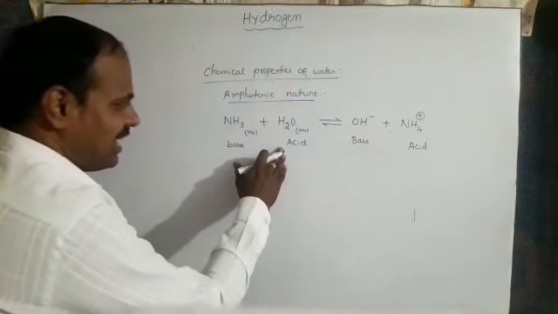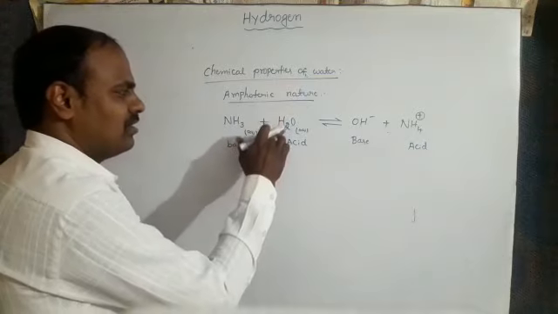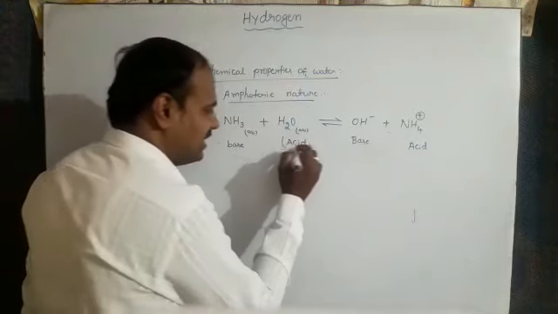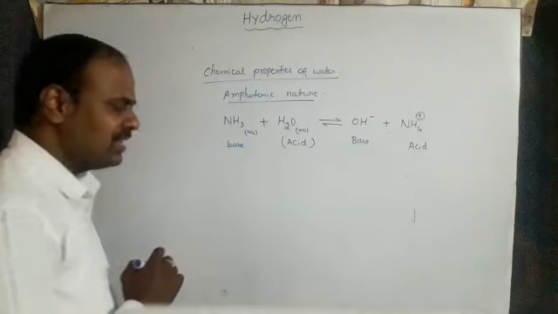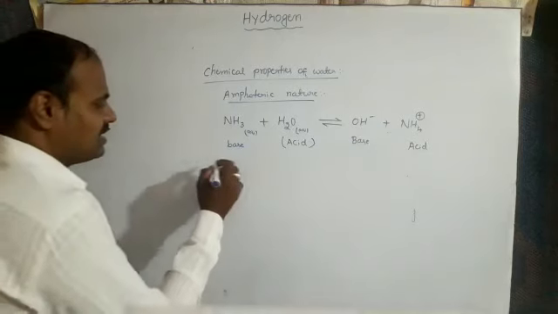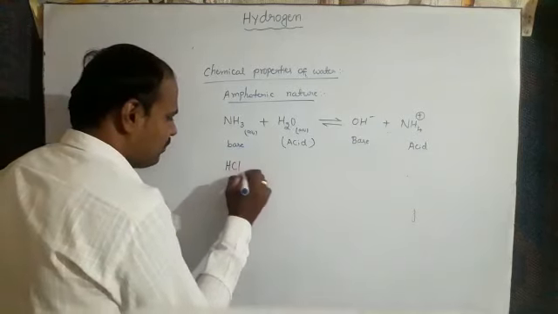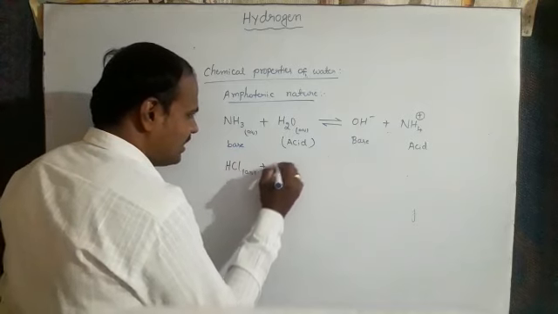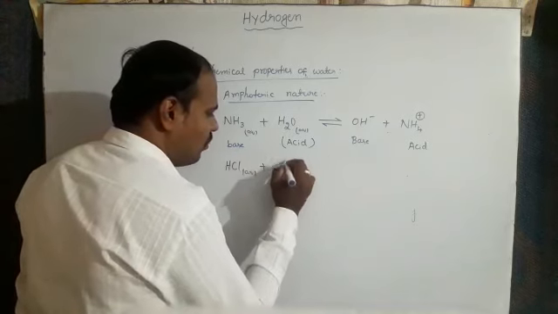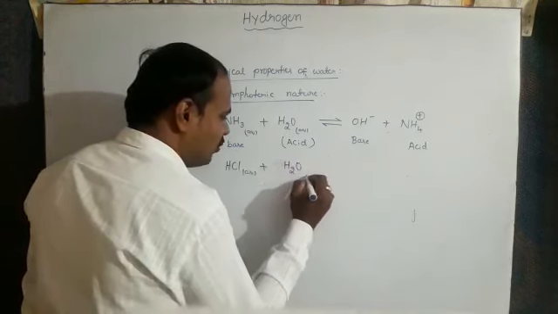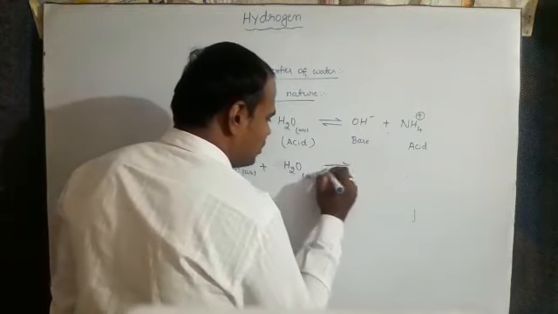In this chemical reaction, the water molecule behaves as acidic in nature. Another example, HCl aqueous is treated with H2O molecule, giving rise to Cl minus and H3O plus.